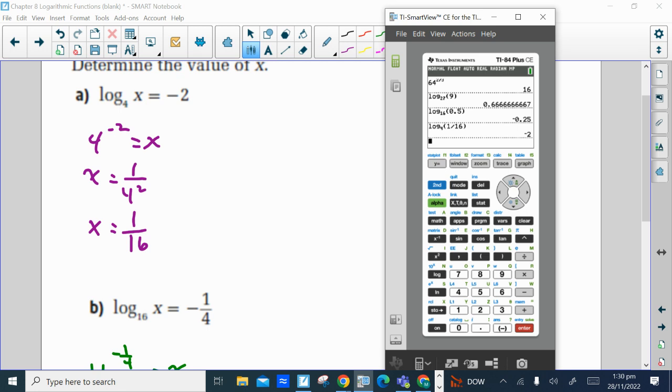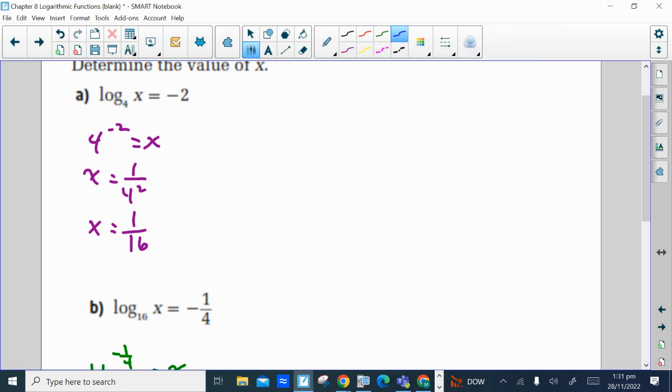Okay, so what if you don't have this? Does anyone's calculator not have this function on it? Yours doesn't? Okay, so you can use what's known as the change of base identity, which we will be talking about fairly soon here.